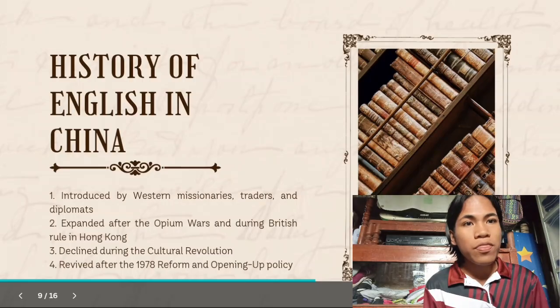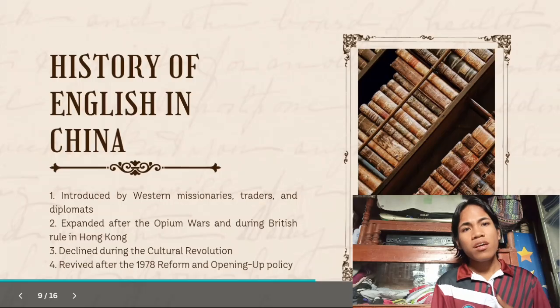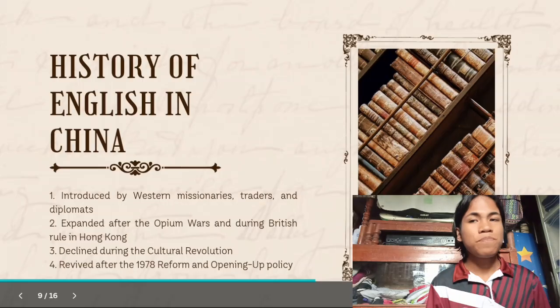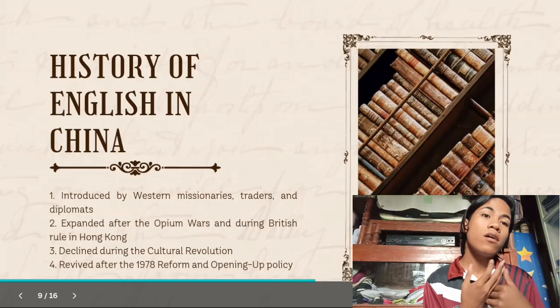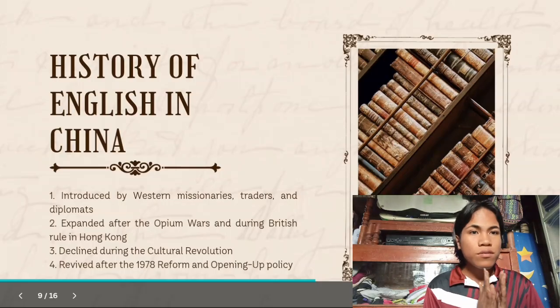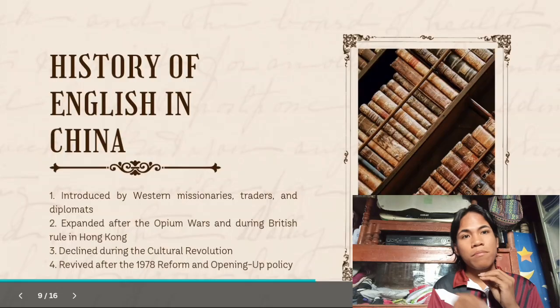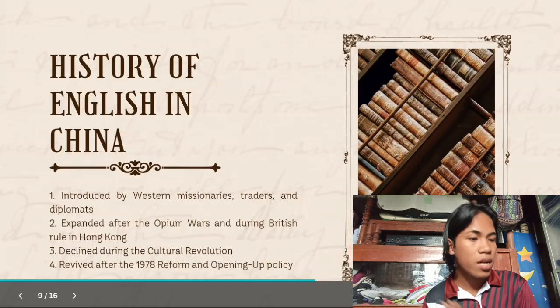And one thing that happened there is the Cultural Revolution, which de-emphasized the foreign languages in the country during those times. So the Cultural Revolution propelled English to decline during that era.